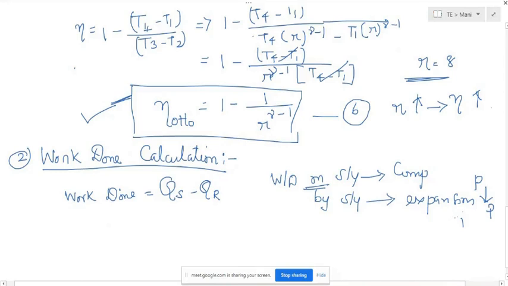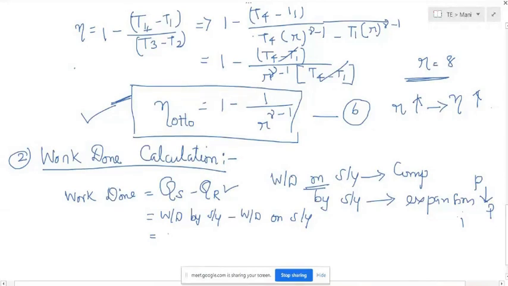So here you have to consider work done by the system to work done on the system, right? So this is one type of thing, and we can say like this also: work done by the system is some output, and this is input.